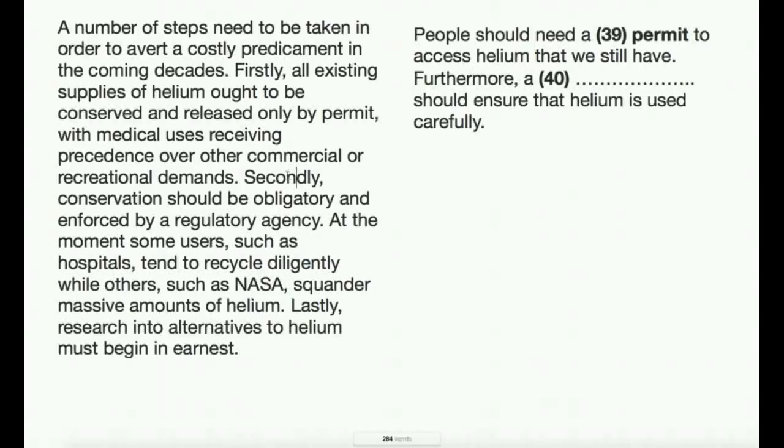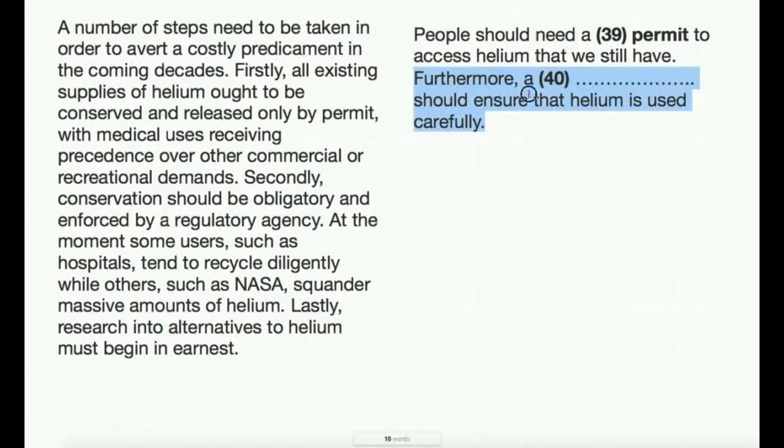And again, we can double check this by seeing what fits grammatically here, because we know we're looking for a noun again, because we have an article here. So we said a conservation can't fit, so we're only left with a regulatory agency, and this seems to be paraphrasing that perfectly.